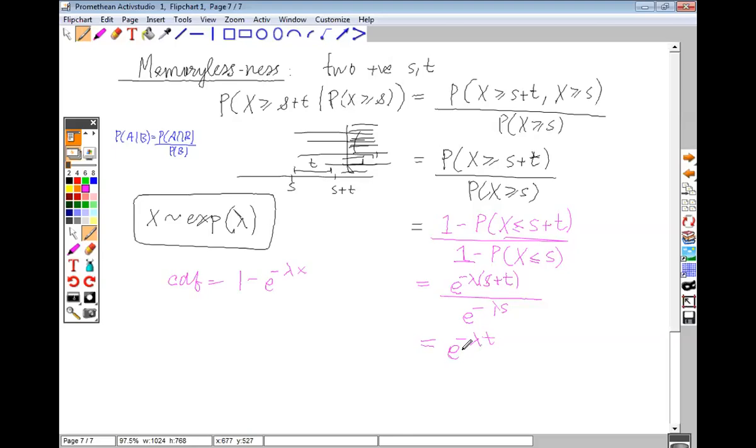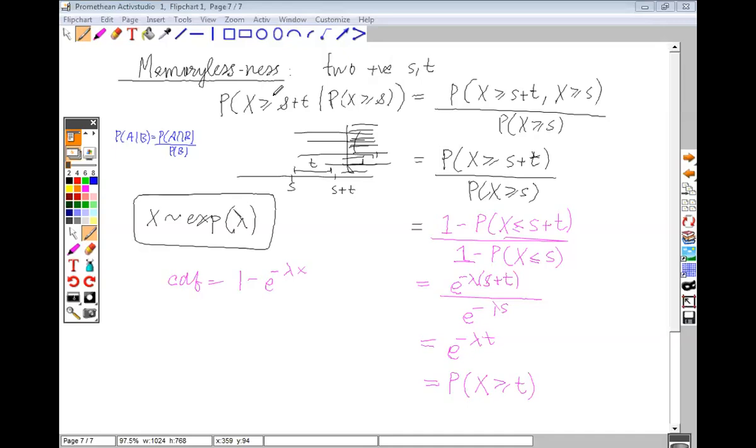So you see that s is nowhere in the answer that you have, right? So s does not matter. And this can also be written as the probability that x takes a value greater than or equal to t, right? Does this make sense? So now, because of its memorylessness, whatever has happened in the past has no effect on the chance of what's going to happen in the future.